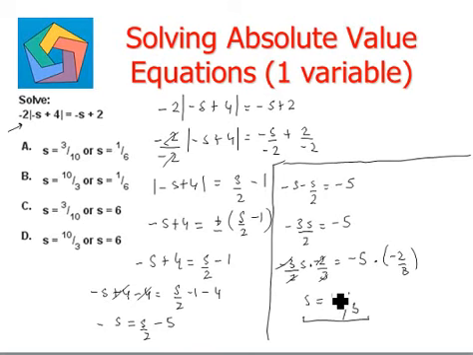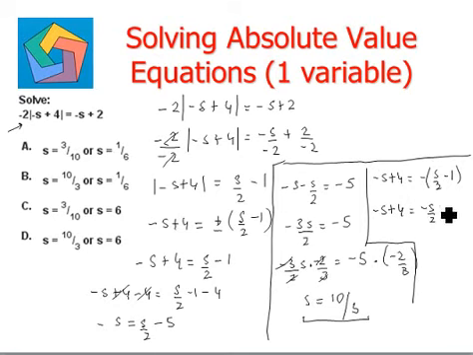To find out the other value, we have negative s plus 4 equals negative of s by 2 minus 1. This is negative s plus 4 equals negative s by 2 plus 1.